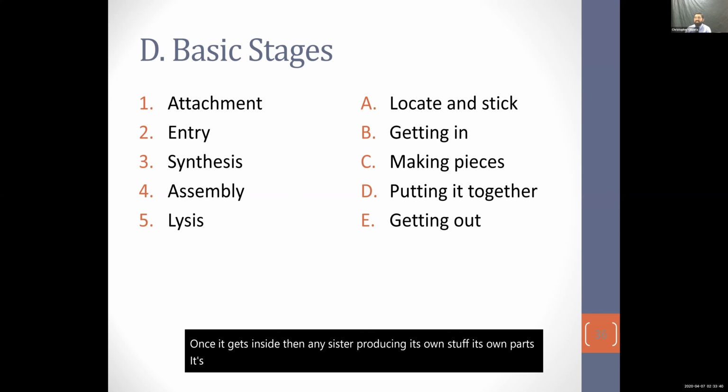So that's part of the synthesis stage. And then once it makes those, then it needs to assemble itself into its final shape. And then ultimately it still has to get out. And keep in mind that every single one of these stages is critical, because if one of these fails, obviously the virus will never make more of itself and never take over you or any other host.